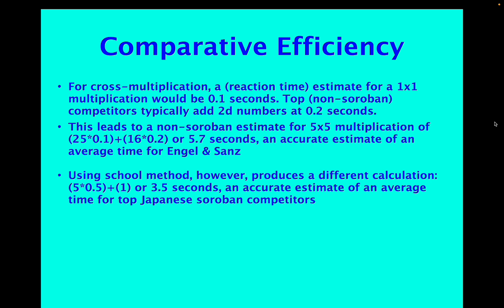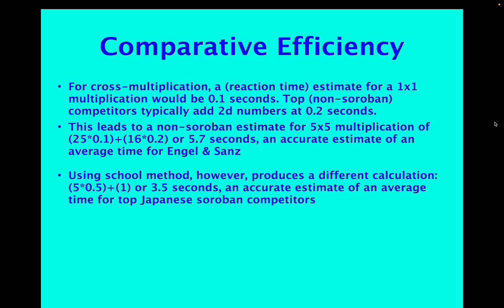Using school method, however, produces a different calculation. We have 5 by 1 multiplications and then 4 additions of 5-digit numbers. So it's a little bit difficult to estimate this. I suspect a 5 by 1 multiplication from my attempts to estimate it for myself would likely be around 0.5 seconds.